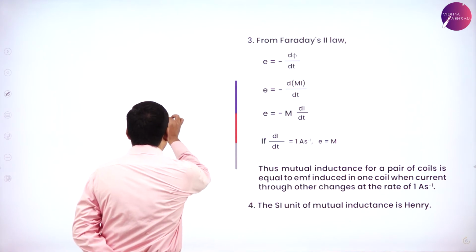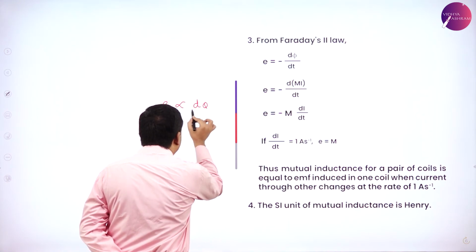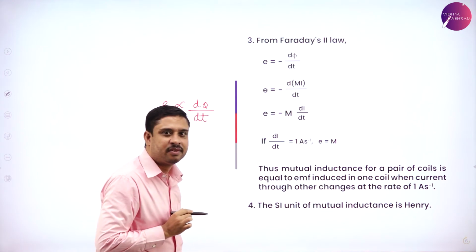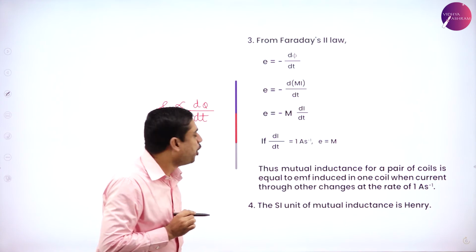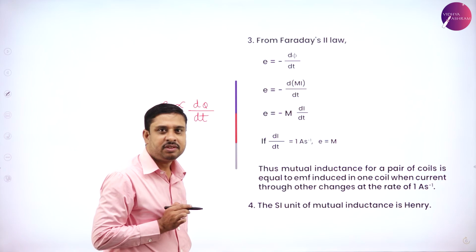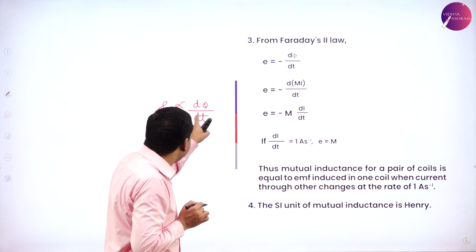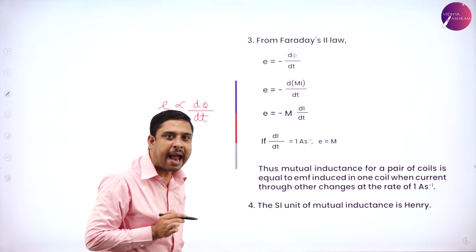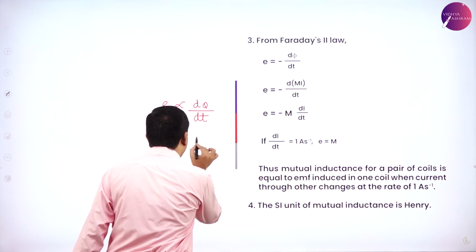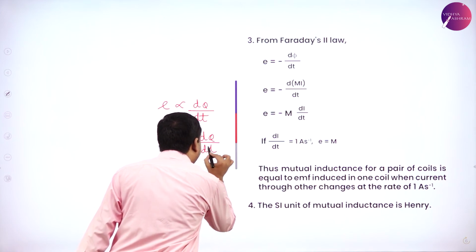Faraday's second law stated E is proportional to d phi by dt, the magnitude of induced EMF is directly proportional to the rate of change of magnetic flux, or E is equal to minus d phi by dt.